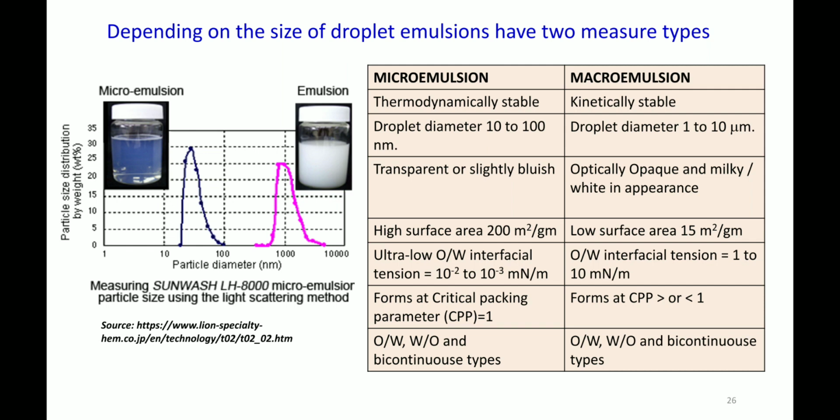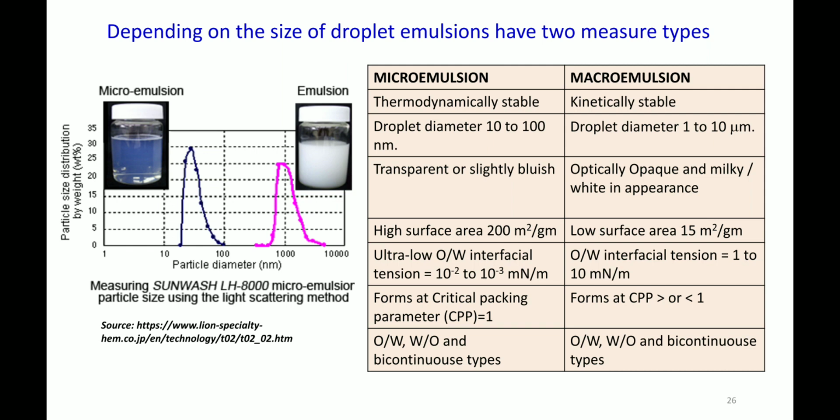You can see this is measuring the Sunwash LH8000 micro emulsion particle size using the light scattering method. Light scattering is a technique which is basically used to identify the particle diameter and its distribution with corresponding weight.